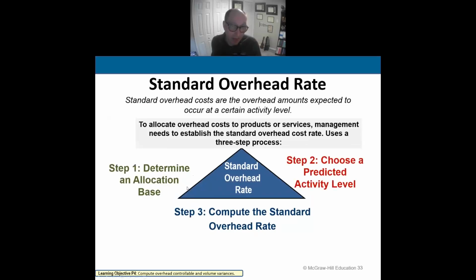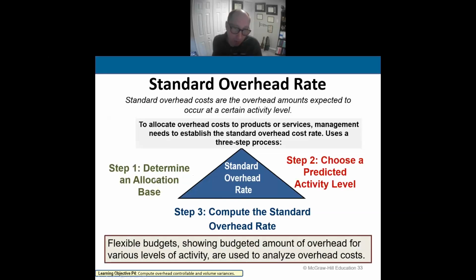So determine the base, choose a particular level of activity, compute the rate. The allocation base could be number of employee hours. The level of activity is the number of hours it takes to perform a single job. And then we compute the overhead rate.